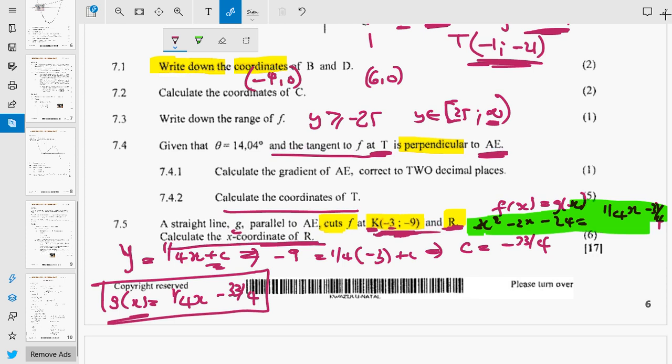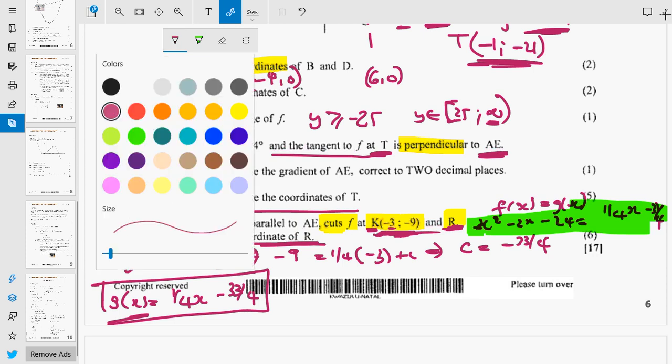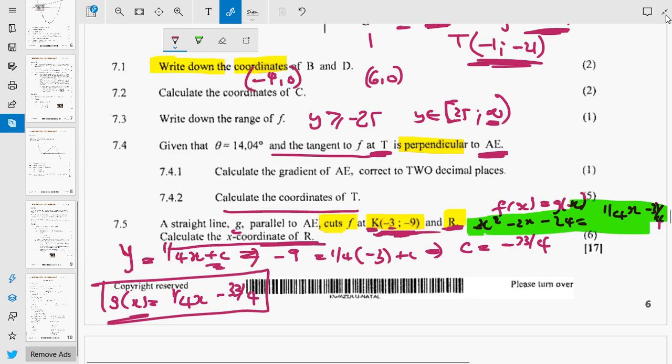If you want to, you may factorize it, but it's quite hectic. You have got the quadratic formula. I'll just advise you to use the quadratic formula there. So you're going to get your two x values. If you use your quadratic formula, your x will be -3, or your x will be 5.25.